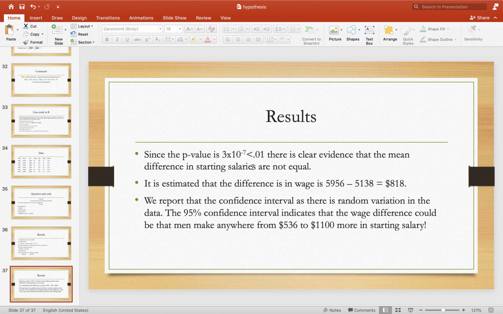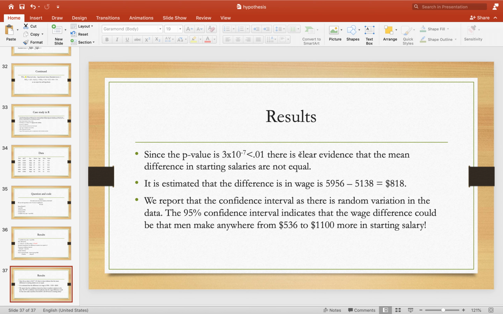And because there's variability in our data, we can consider a confidence interval, which would say that the mean difference in wage could be anywhere from $536 to $1,100 more in starting salary. Okay, so that's just a little case study, and this is actually related.